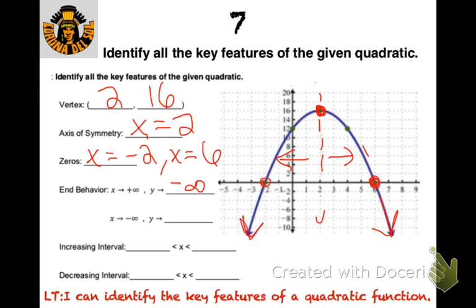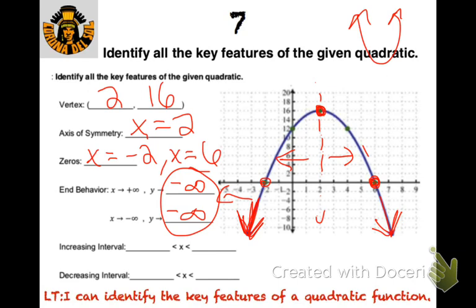Well, as I move to the left, the y values are also getting smaller, so that's negative infinity. Remember that these two answers will always be the same, whether they're both negative infinity or both positive infinity. So when the graph is going down, we can always say it's going to be negative infinity, and if the graph is going up, then we would say positive infinity for both of those for end behavior.